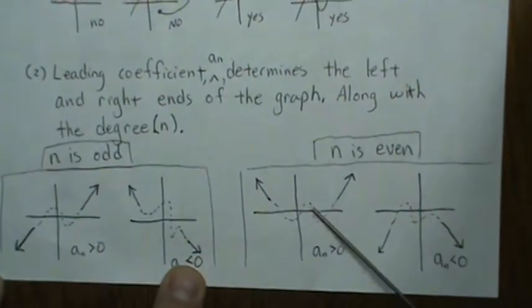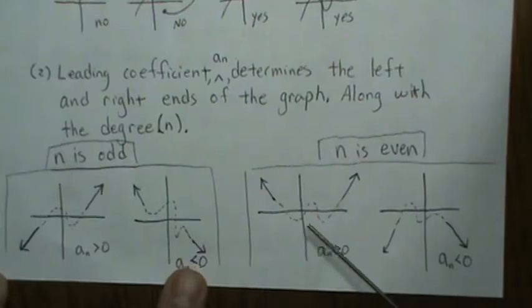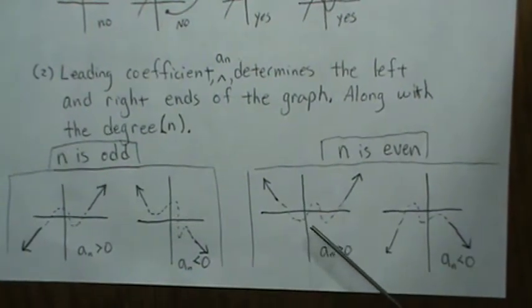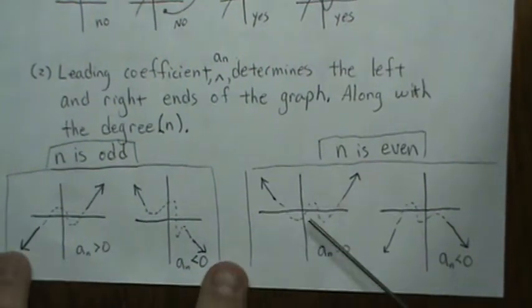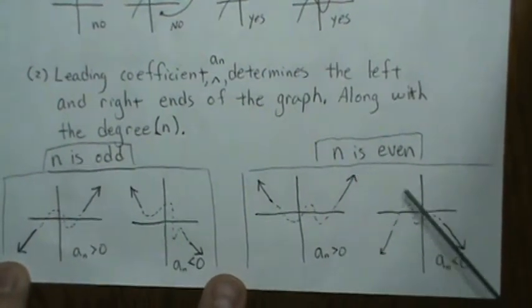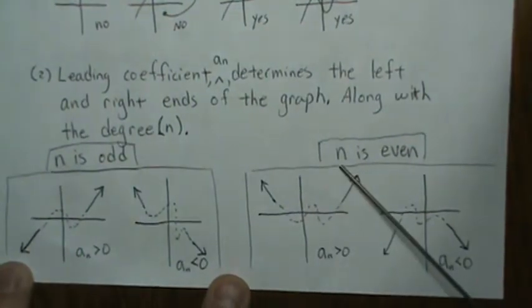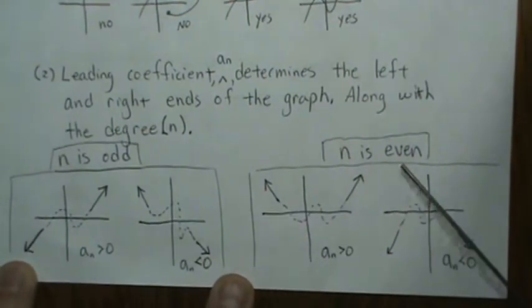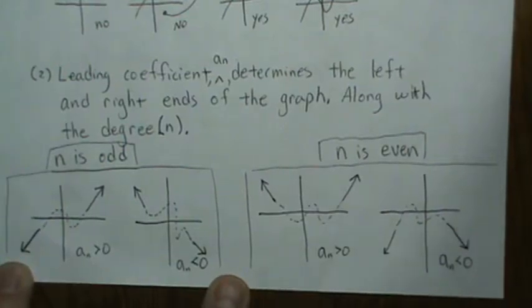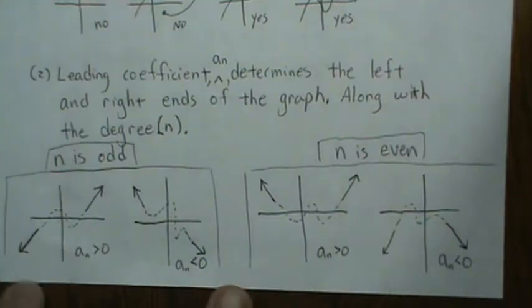And notice the dots here, because we don't really know what happens in between using the leading coefficient, but we do know the ends. If the leading coefficient is negative and the degree is even, then they both go down. We don't know what happens in here, but eventually it goes down and down.